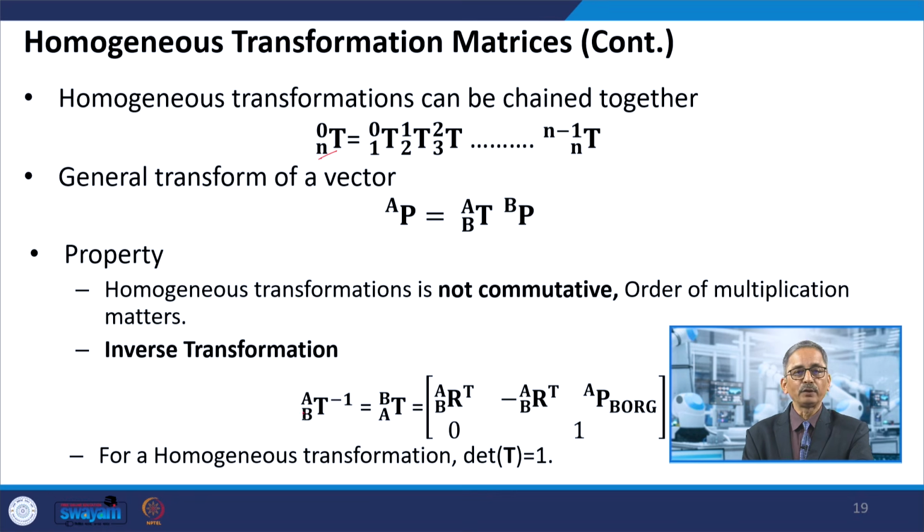If we want to find the inverse transformation, the inverse of B with respect to A is the same as T of A with respect to B, and it is written in this form, with these two multiplications. And for a homogeneous transformation, the determinant of this matrix is 1.